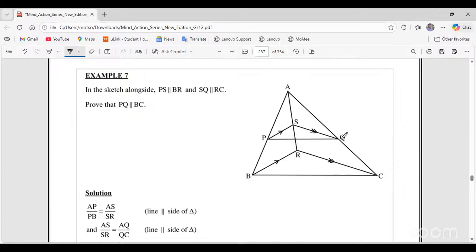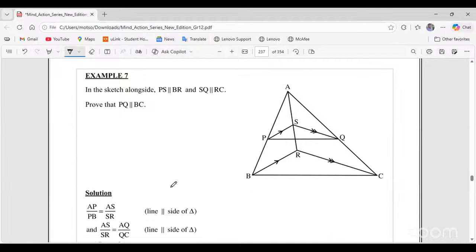And SQ is parallel to RC, which simply means the proportionality theorem is applicable on triangle ARC. Now we are required to prove that the line PQ is parallel to the line BC.